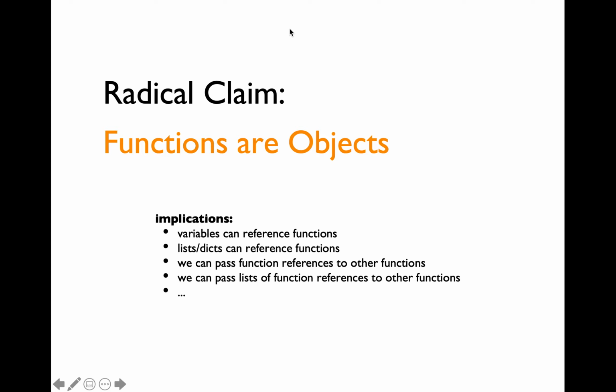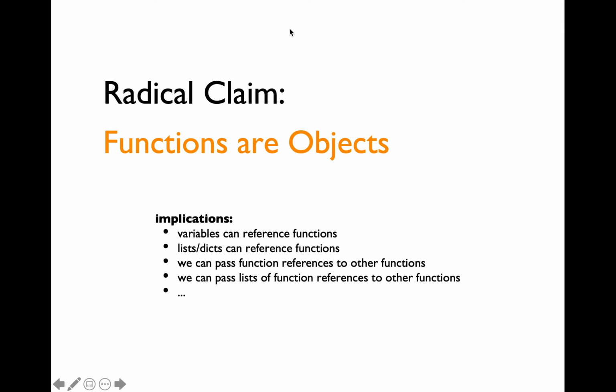For example, variables in general are supposed to contain references to objects. Since functions are objects, variables can now contain references to functions also. Parameters are special variables which are defined as part of the function definition.